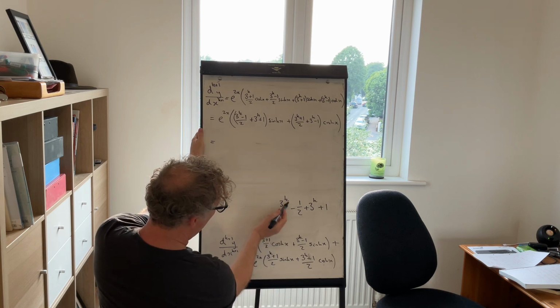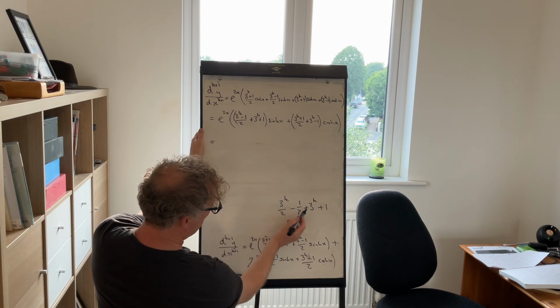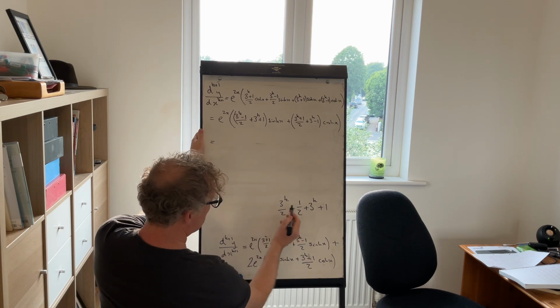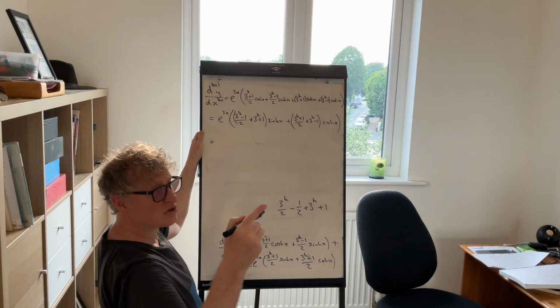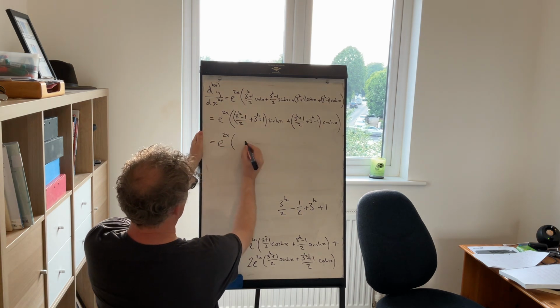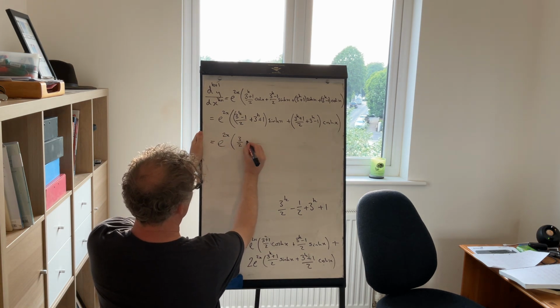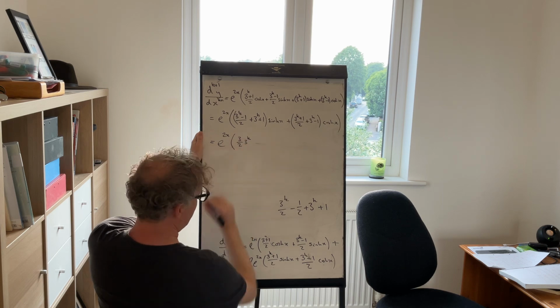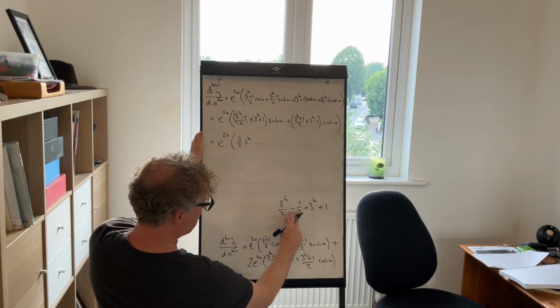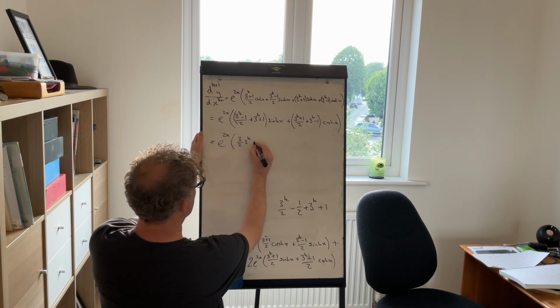Isn't this just like half of 3 to the k plus 1 of 3 to the k, isn't that 1 and a half lots of 3 to the k, or 3 over 2 lots of 3 to the k? So I've got 3 over 2 lots of 3 to the k, yeah? Minus a half plus 1, plus a half.